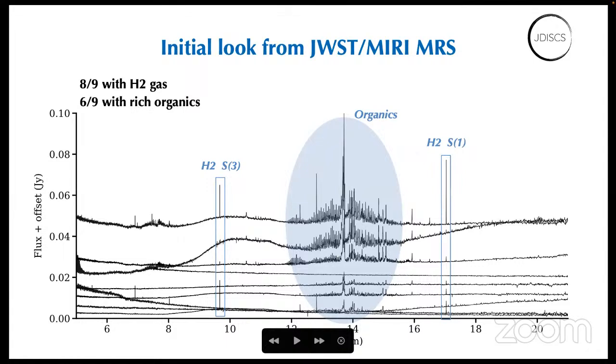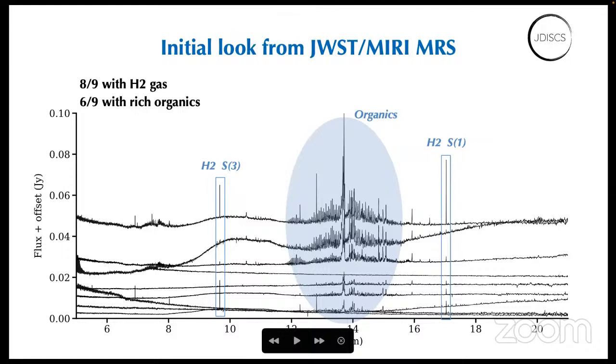Just last month, we finally got our full data. Here I'm showing an initial overview of our sample with MIRI spectra. The first impression is that, okay, good, we are seeing primordial disks because we see so much abundant molecular line emission. Some of those isolated bright lines are emission from molecular hydrogen, which has been detected in all but one of our disks.